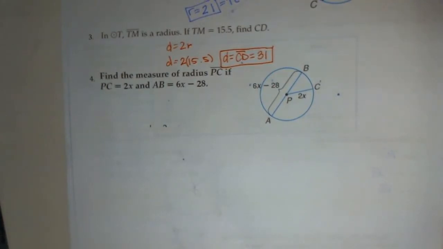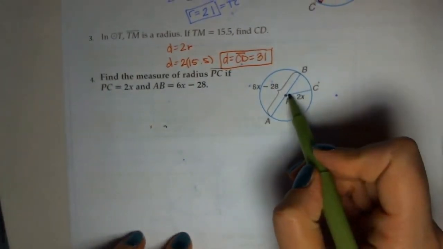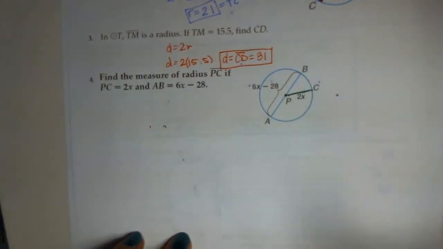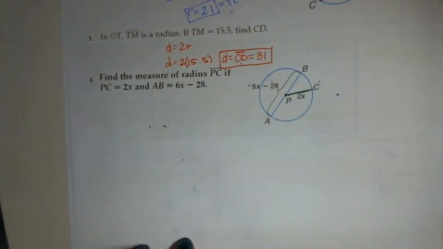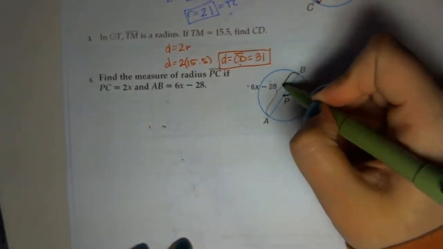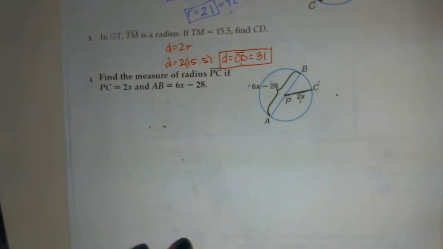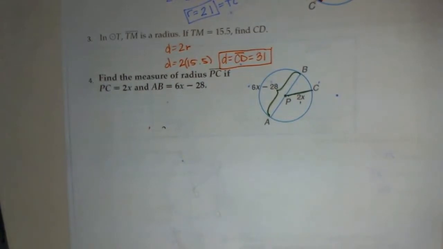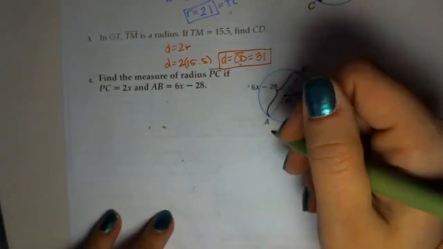All right, now the last one is going to be like an algebra type problem to solve for what we're looking for. I'm going to use another different color. I'm going to use green. So it wants us to find the measure of radius PC. If PC is 2x, it told us that, and AB is this one right here, 6x minus 28. So I'm going to label my parts.